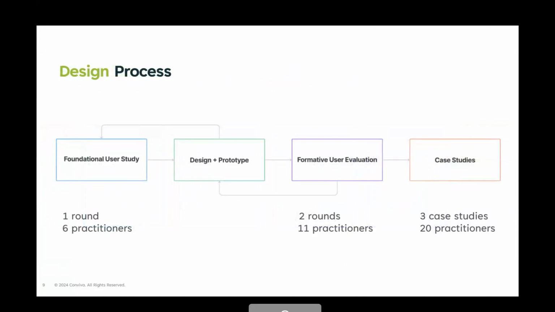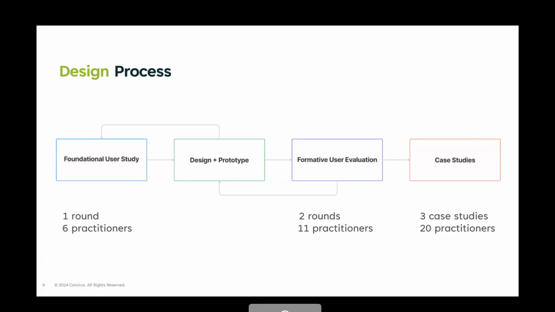Before I dive into the tool, let me tell you a little bit about the design process that we used to actually create this tool. We started with a foundational user study where we interviewed 6 practitioners, and we were curious about their current practices and their challenges and needs in creating and maintaining stateful metrics.